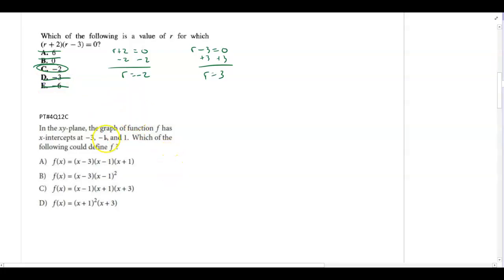Now, the next one. In the xy plane, the graph of a function f has the x-intercepts negative 3, negative 1, and 1. So remember, x-intercepts are your zeros. So when I write this down and set each of these equal to 0, I would get x plus 3 equals 0, x plus 1 equals 0, x minus 1 equals 0.